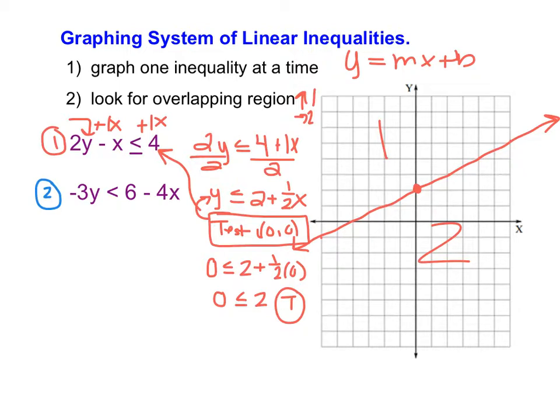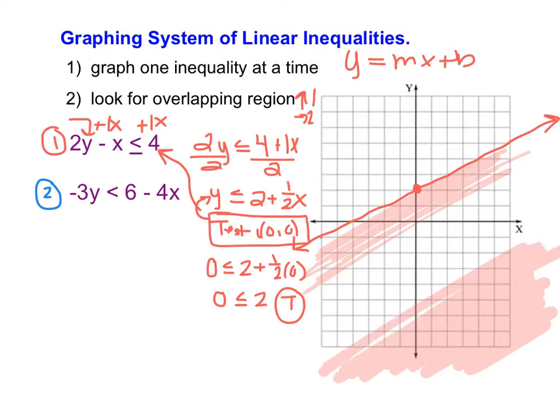So what that's telling me is that region 1 doesn't work, but this region down here in region 2 with the point 0, 0 does work. So that's the direction I'm going to shade. I'm going to shade that all in there, make my shading a little more efficient. I need to shade every single point that I can see here in region 2.